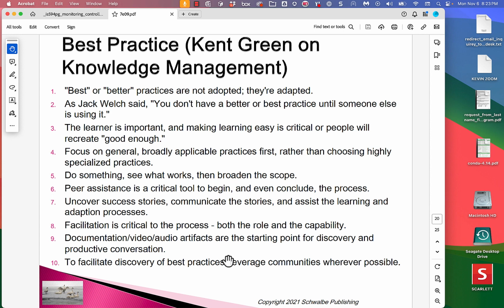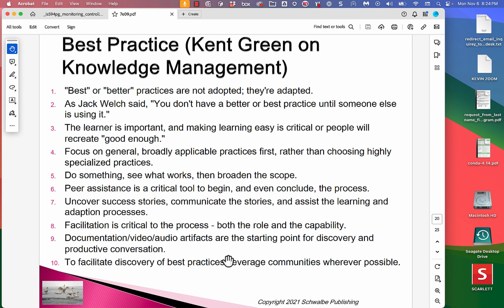Focus on general, broadly applicable practices first, rather than choosing highly specialized practices. Really looking for things with the biggest payback. Do something, see what works, then broaden the scope. Peer assistance is a critical tool to begin and even conclude the process. Uncover success stories, communicate the stories, and assist the learning and adaptation processes.